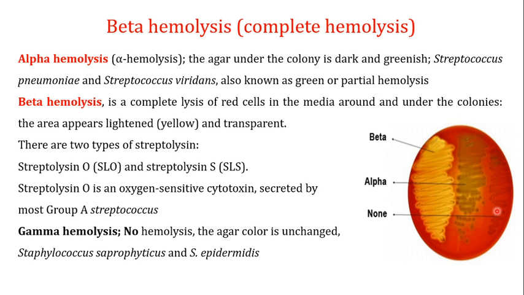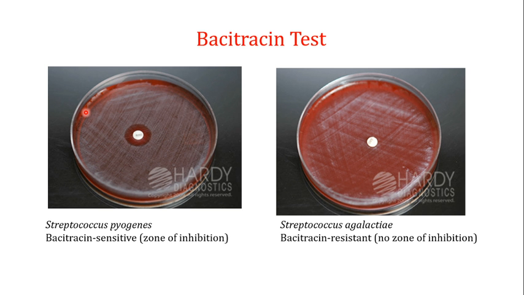Gamma hemolysis, or no hemolysis, is actually a property of Staphylococcus saprophyticus or Staphylococcus epidermidis. So the group A Streptococcus, or Streptococcus pyogenes, causes beta hemolysis, or they are beta hemolytic bacteria, another important property of the group A Streptococcus.